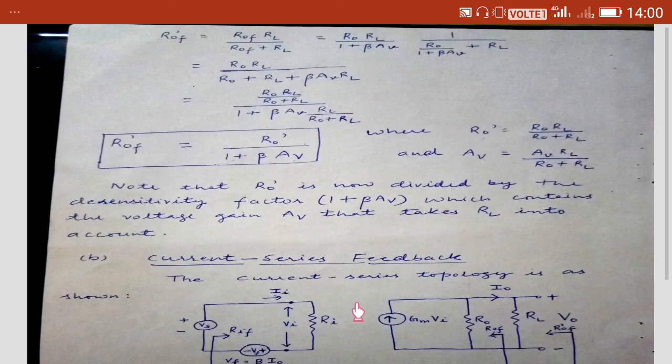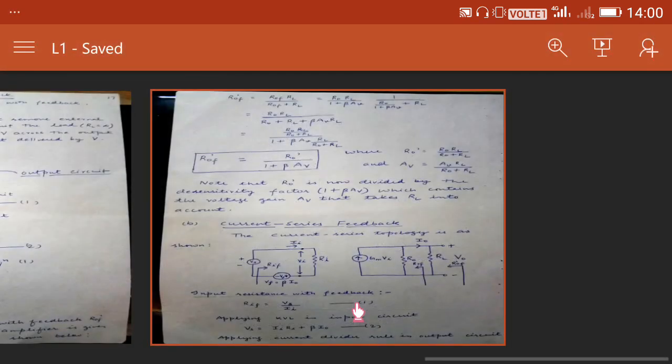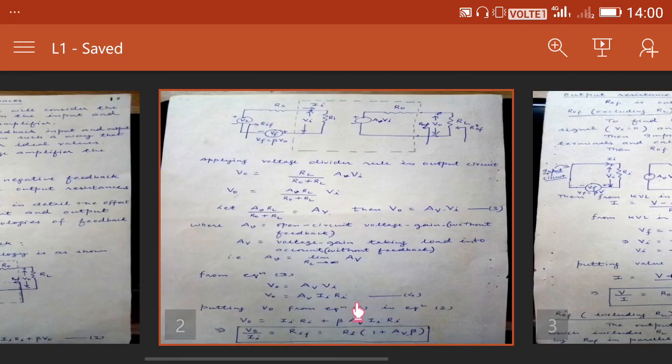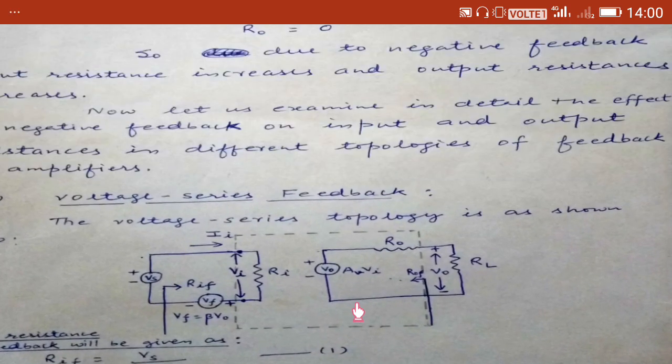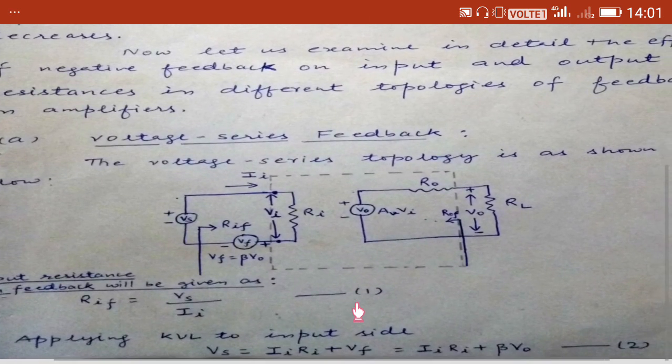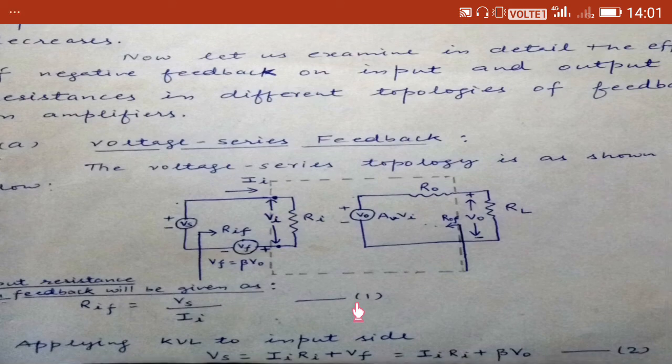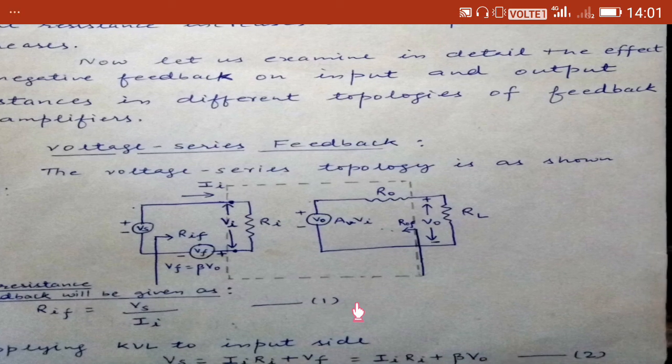Now look, for understanding this, we have to go back to our main equivalent circuit model of voltage amplifier with feedback. The topology is voltage series feedback topology. This is the output circuit.